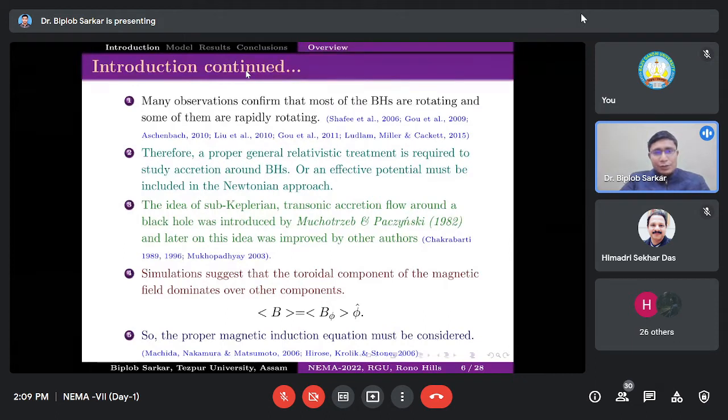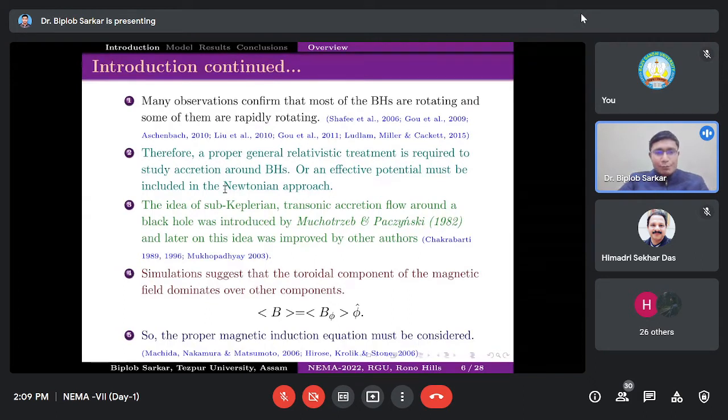In order to study the accretion phenomenon around a rotating black hole, we need a proper general relativistic treatment, or alternatively, we need to use an effective potential which must be included in the Newtonian approach.